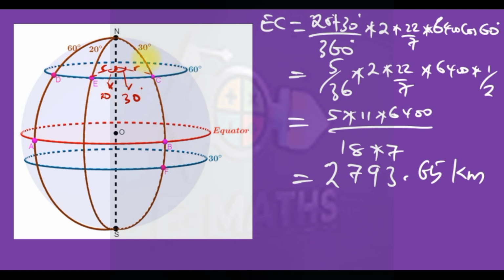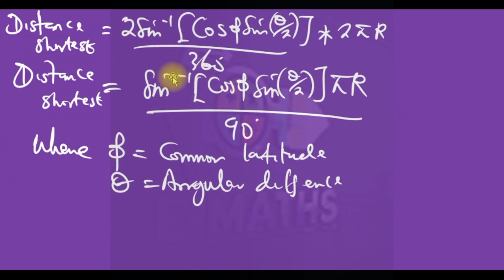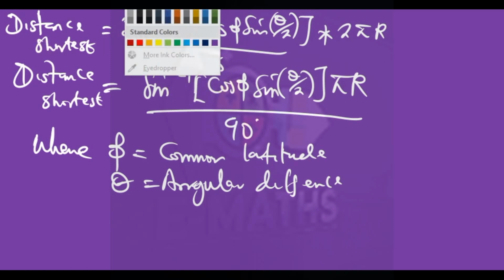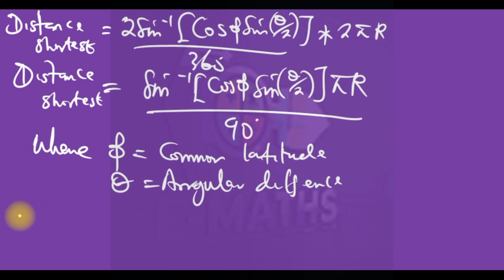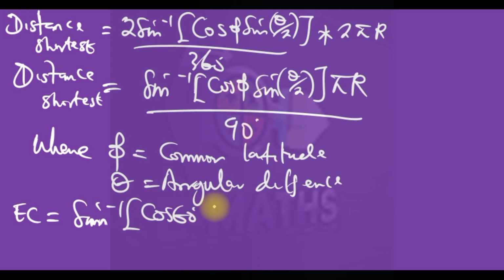Our main idea is to show that the distance along the longitude is the shortest distance. So using this formula, let's substitute: arc sine of cos 60 degrees, because that's the common latitude, times sine of theta over 2.